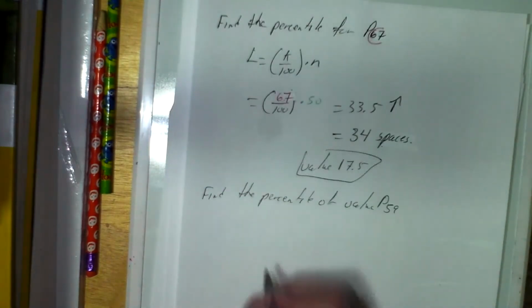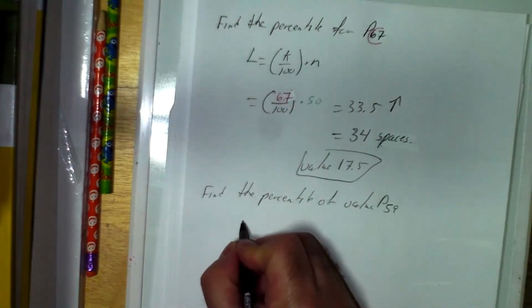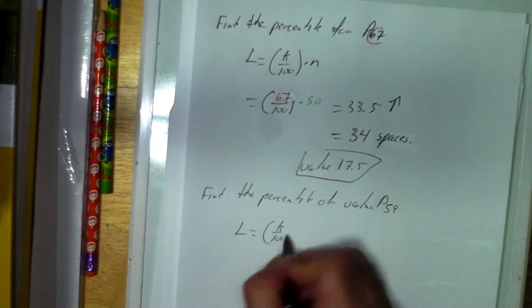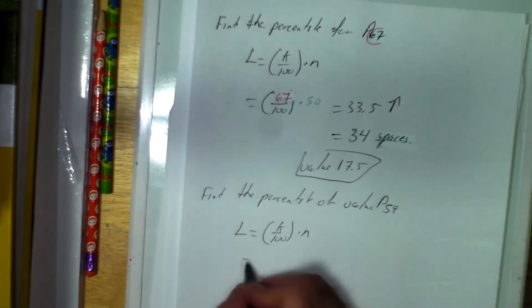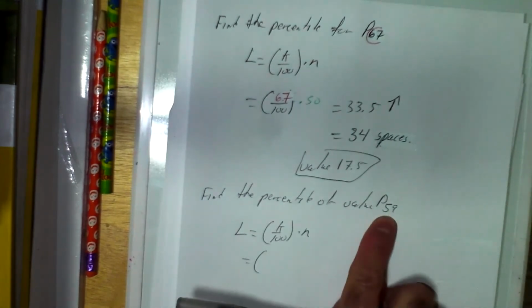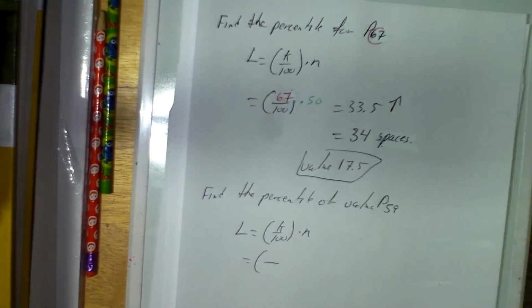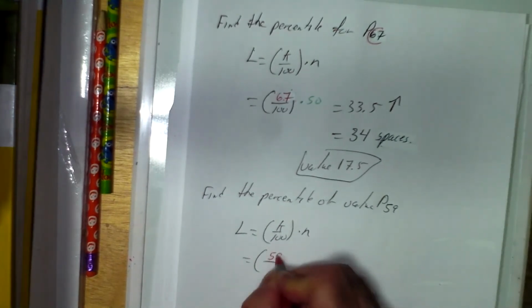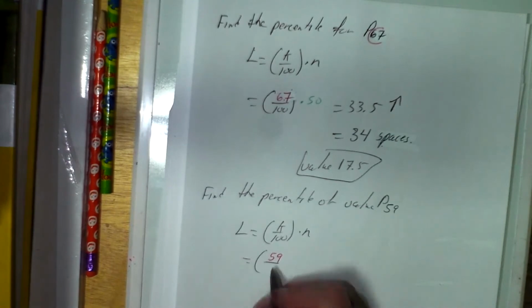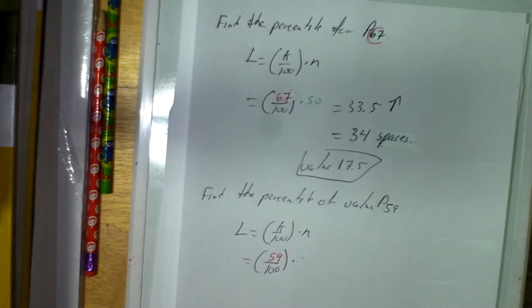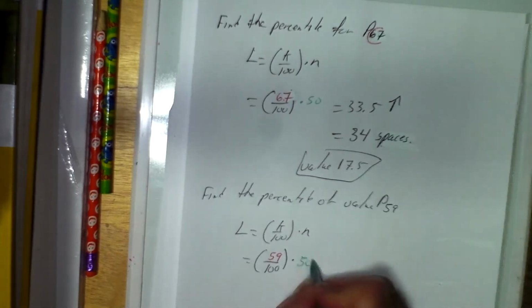Okay, so here we go. We're going to use the same data set. We're going to do L equals K over 100 times n. Here's my K. It's 59, times, and I believe there were 50 numbers on that Verizon thing.